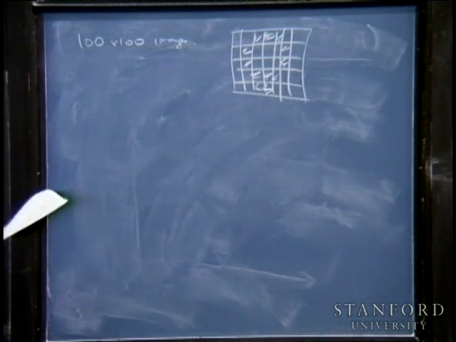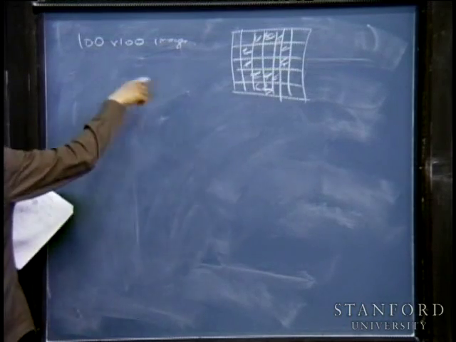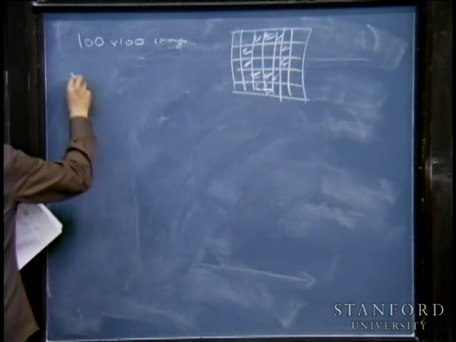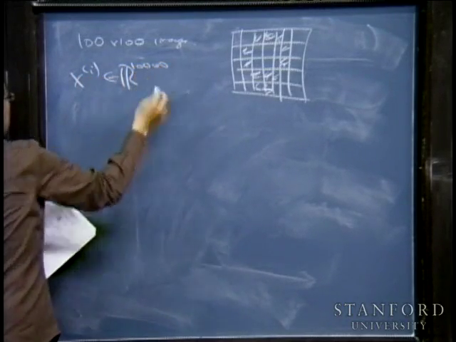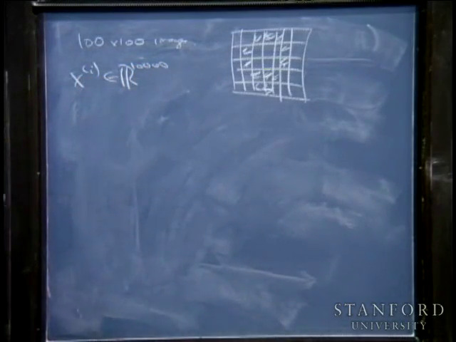So if you have 100 by 100 pixel images, think of each face as a 10,000 dimensional vector, which is very high dimensional.